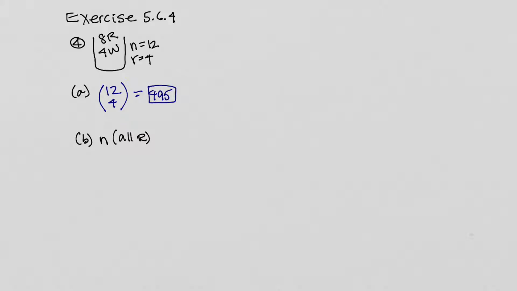I want to find the number of ways that I can get 4 reds. But I'm going to go one step further. I want everything in this box accounted for down here when I start writing to get my count.